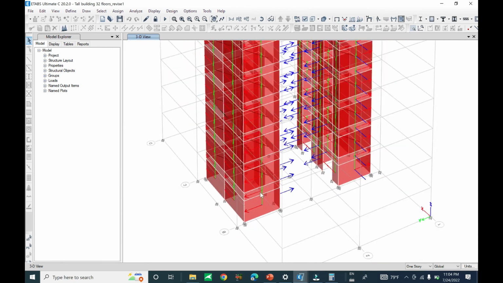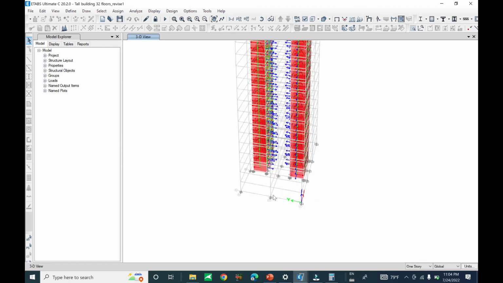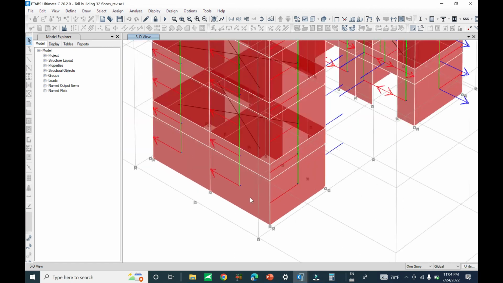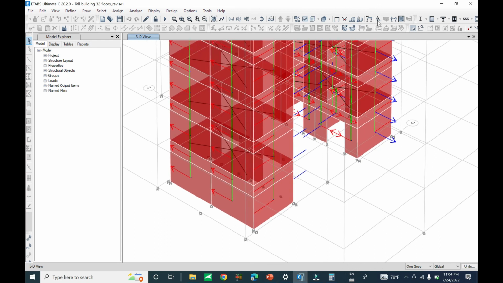So for the opposite core wall, the local axis is also opposite. Now let's check local axis 1 and local axis 2. So we have to check tensile stress.